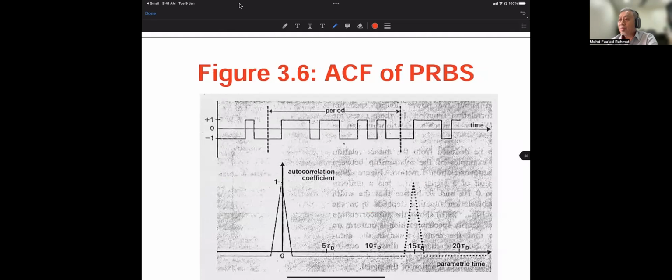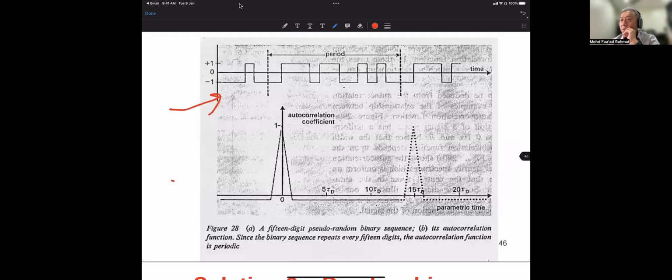So this is a sample of PRBS signals. It can be generated using software or hardware, and then autocorrelation can be applied. Since the signal is periodic, this is one period. After one period, it will repeat the same signal again from here, but inside it is random. At one time it will be periodic, then repeat again, random.